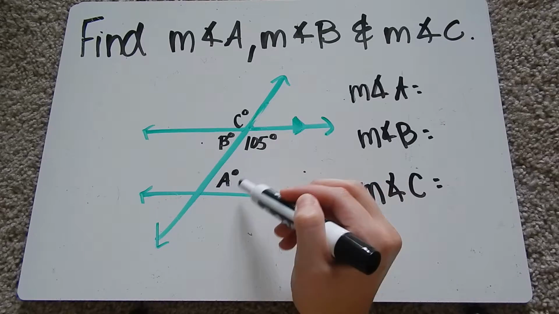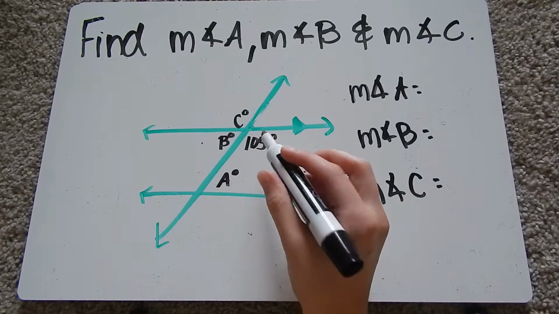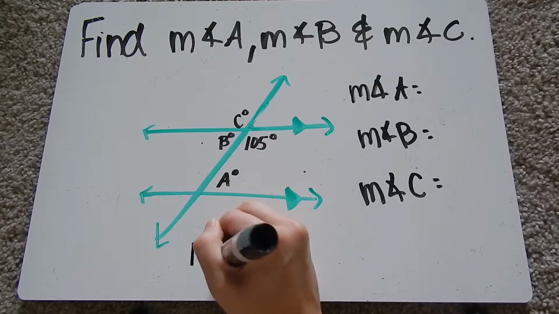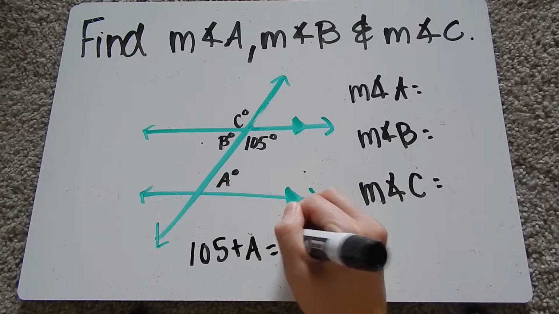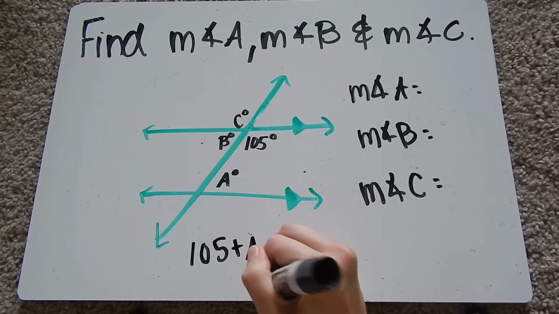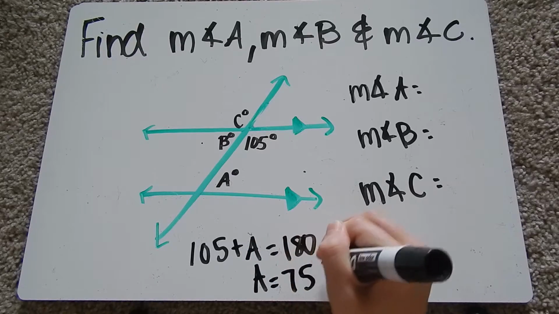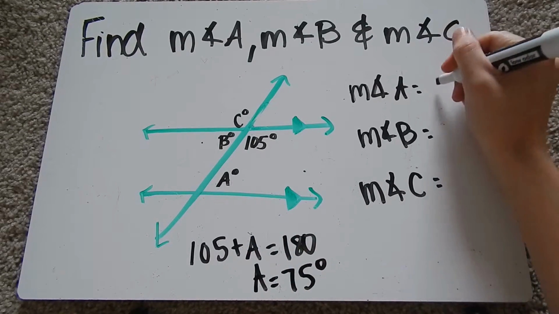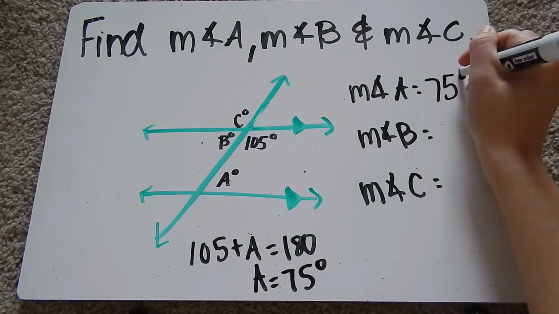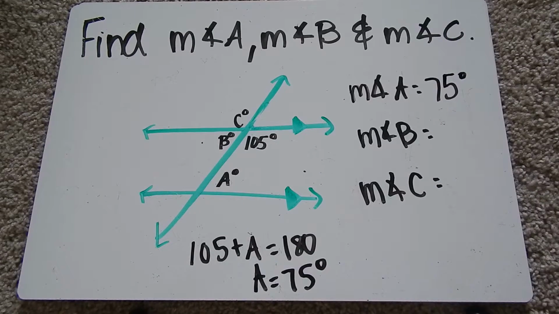Same side interior angles are supplementary. So that means 105 plus A equals 180. Solve for A and we get 75 degrees. So the measure of angle A is 75 degrees.